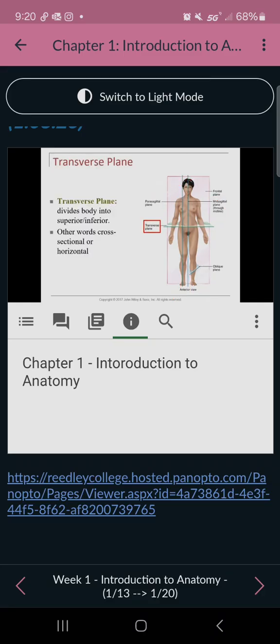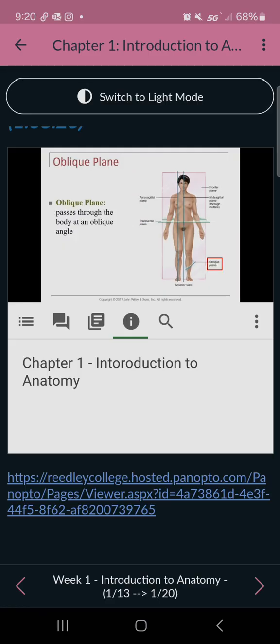Another plane is going to be the transverse plane. The transverse plane is this plane here, where you are dividing the body into superior and inferior. It means that you're dividing the body in half, and you have the upper part and the lower part. In other words, a cross-sectional or horizontal section.